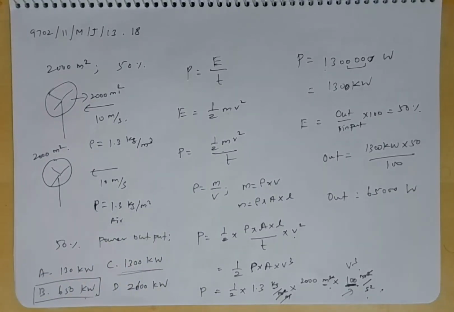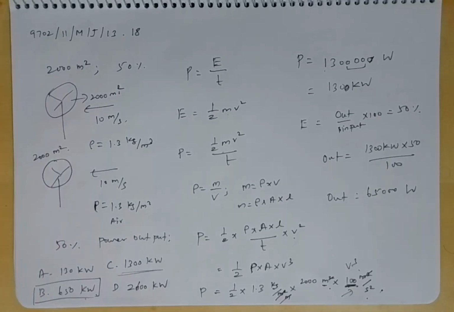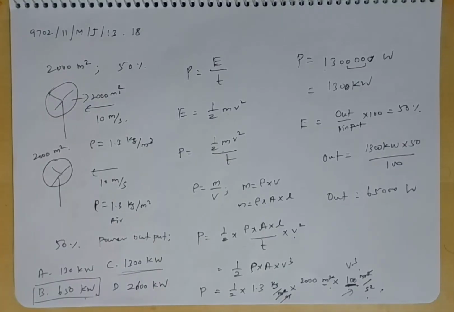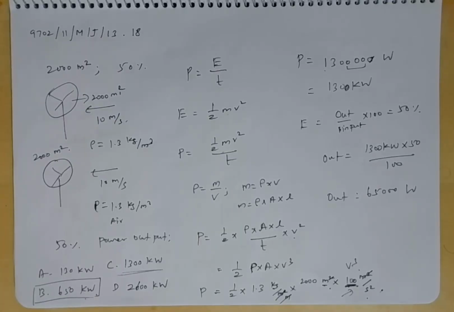Okay, sir. See, very interesting. Most of the energy questions, they will not give the time directly. If you are finding power, you just have to assume what is power.